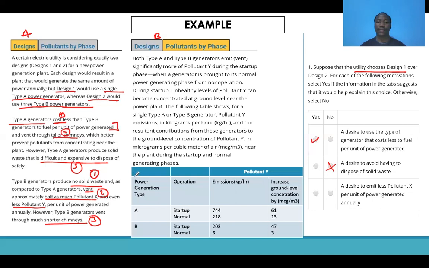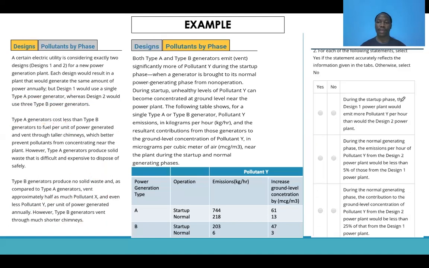So that desire for a design that produces less pollutants would make someone go with design 2 rather than design 1. For this case, our utility goes for design 1, which doesn't have that quality. So that is not a motivation for them. All right. So those are answers. Yes for the first choice and no for the two other answer choices.